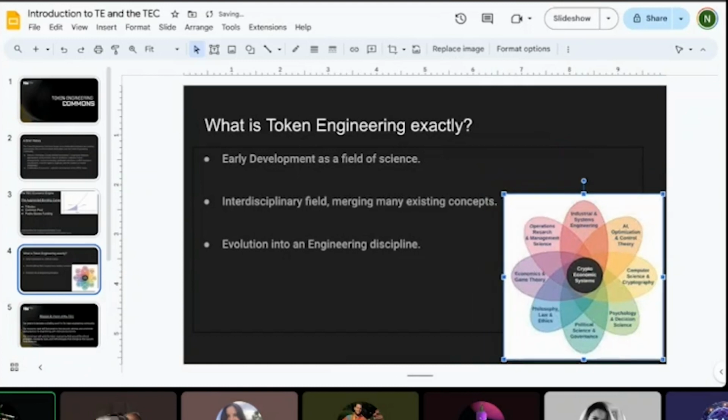But the one thing I want to take away here is what token engineering exactly is: the distinction between science and engineering. The KPI of science is to build a growing body of knowledge, and we see that with this token engineering flower and with all of the developments in the private realm, with DeFi projects and protocols being developed.